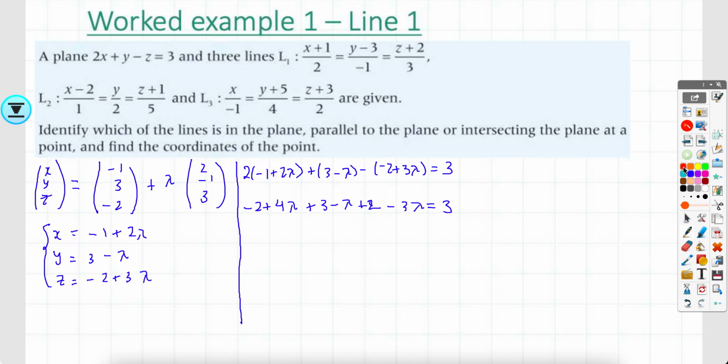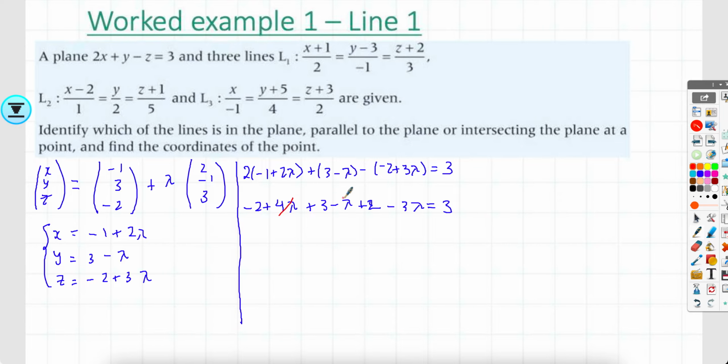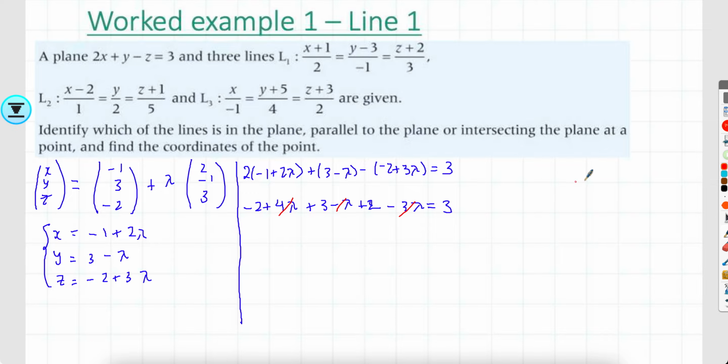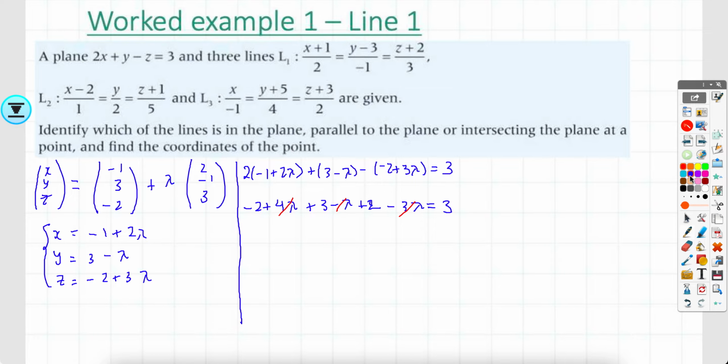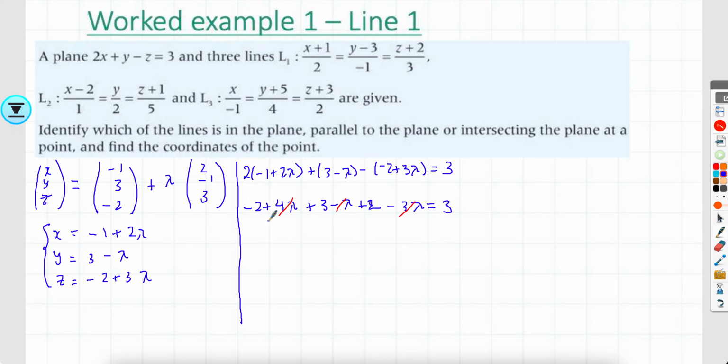And if you notice, the lambdas end up canceling out, which is fine. It means your line is either parallel to the plane or it's on the plane. So let's check what we get now. If we simplify further, -2 plus 3 plus 2 gives you just 3 equals 3. So you get this logical statement, which means that L1 is on the plane.